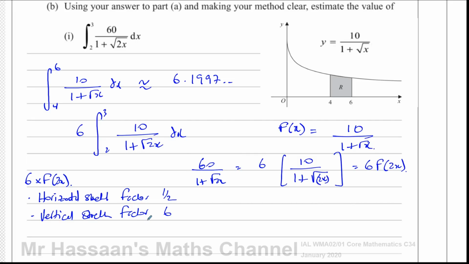So this is stuff from P1 actually, which is needed to be understood in this question. Okay, so we have two things going on. We have a horizontal stretch of factor a half and a vertical stretch of factor 6.